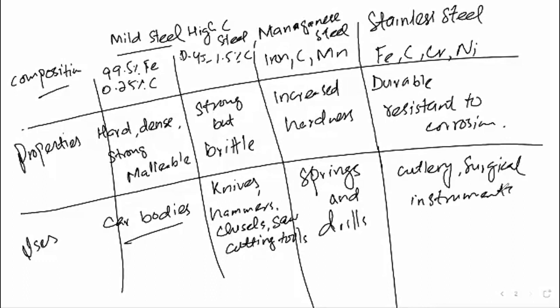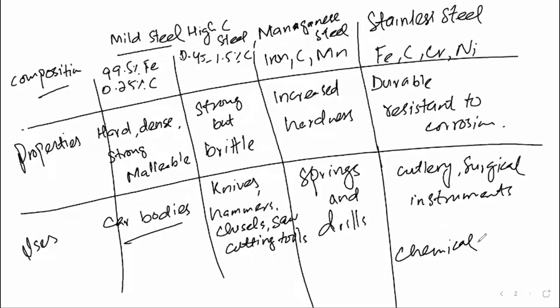It is also used in equipment in chemical plants, because in chemical plants there are different types of liquids, and those liquids cause corrosion of iron. So a good quality of steel is used there, so that chemicals may not start the corrosion.